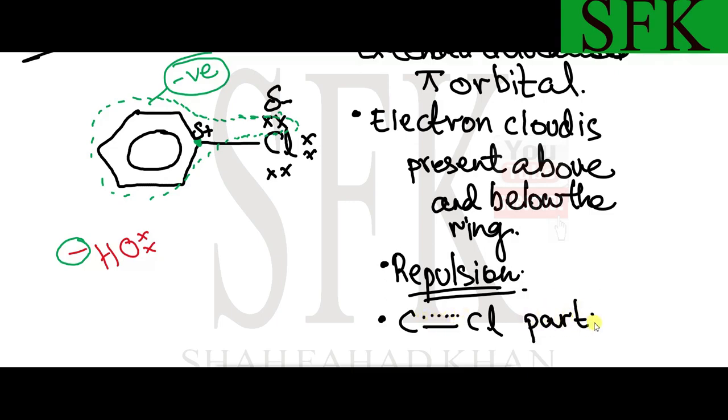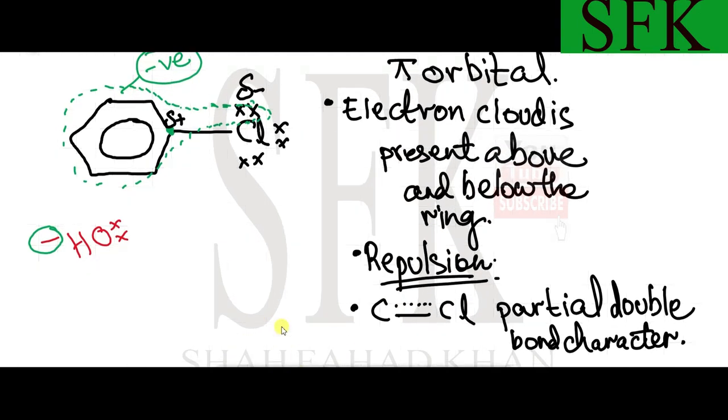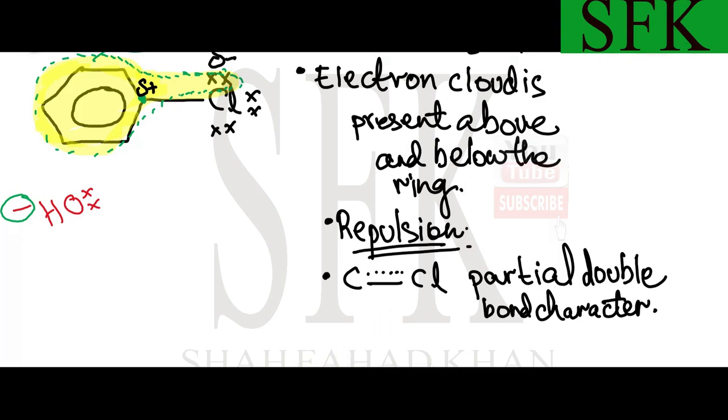Why? Because the electron density is spread over the entire ring, and it continuously spreads over the carbon chlorine bond as well, but is not stationary there. This gives the carbon chlorine bond a partial double bond character, which means the bond becomes stronger and more energy is needed to break it, hence this reaction becomes more difficult.